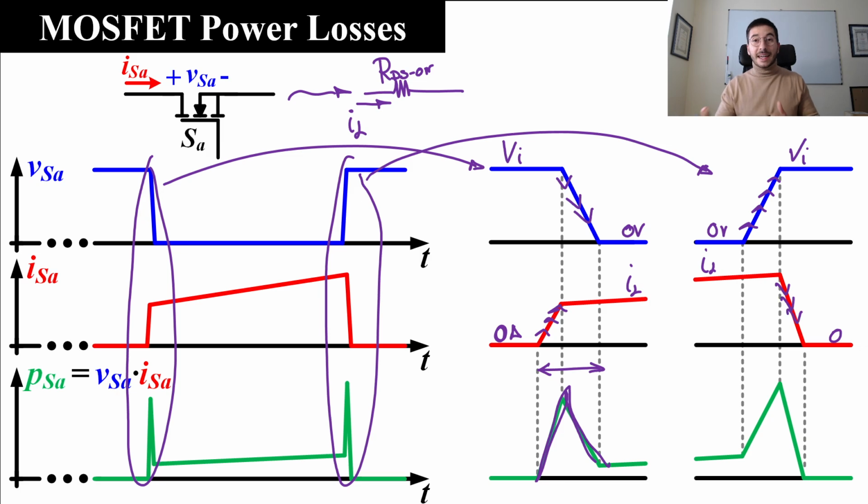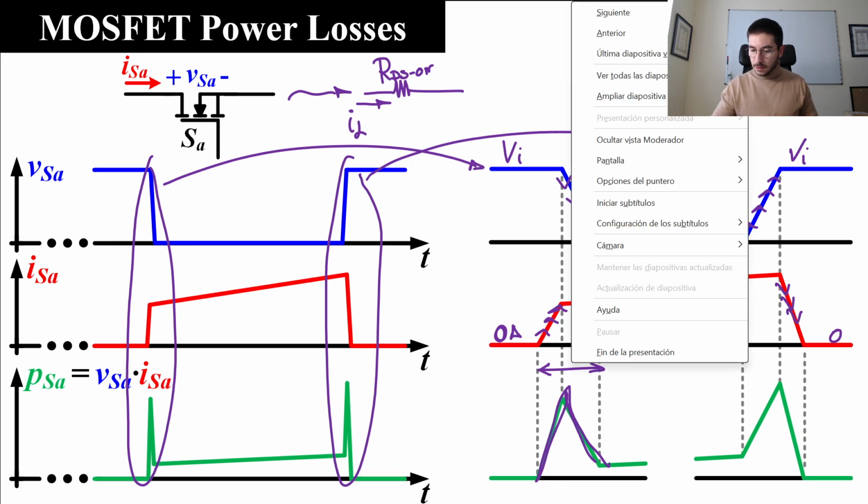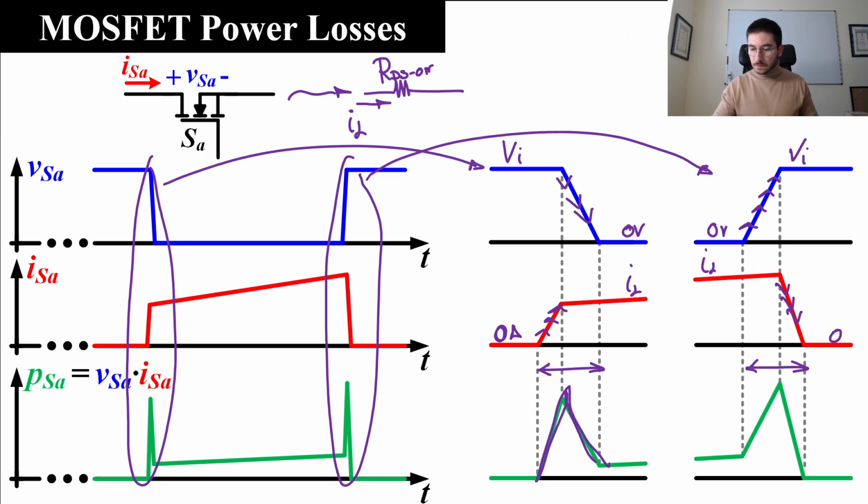But again we have some overlap here. We have voltage and current at the same time. So if you multiply both waveforms, you will have another instantaneous power peak in the turn off of the device.